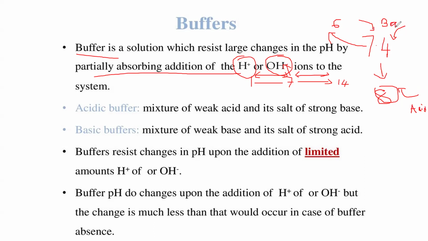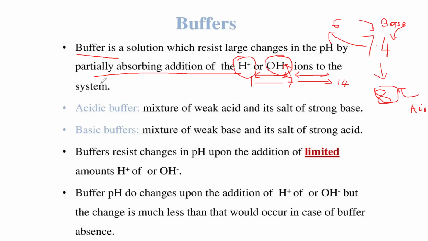And that OH group, which is the base, will bring the pH back up to the normal state. So what I want you to understand is that a buffer is a solution used to bring the pH either up or down.